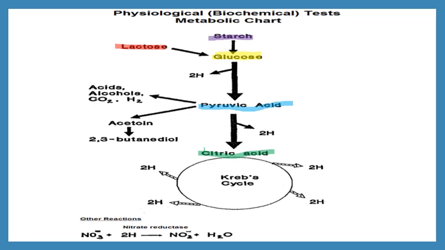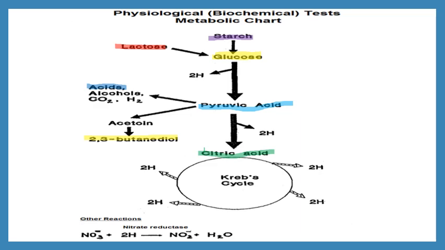Two other ones to mention, we will be doing something called the mixed acid or methyl red test, in which we can look to see if acids are produced. We will also do the Voges-Proskauer or butanediol test to see if this particular alcohol is produced.